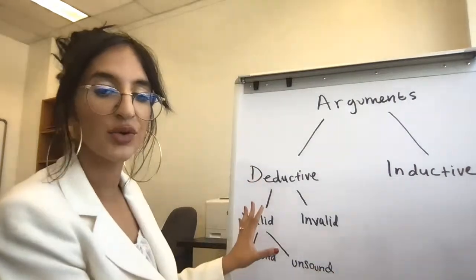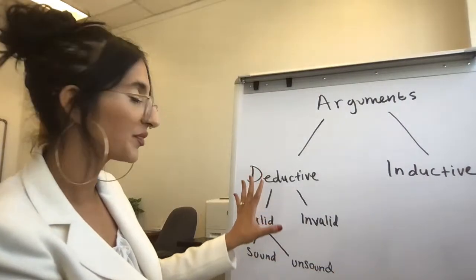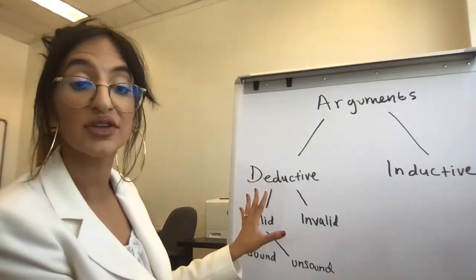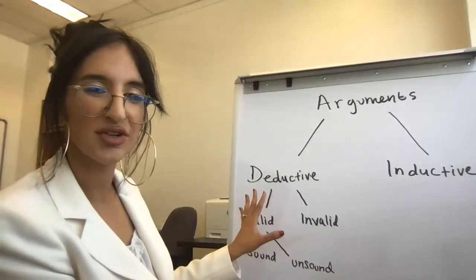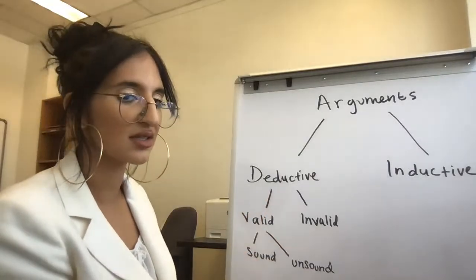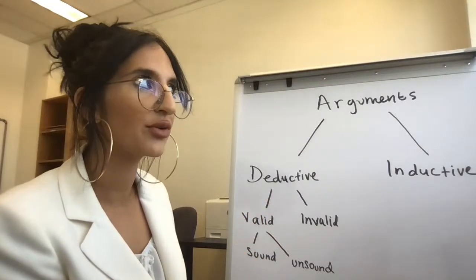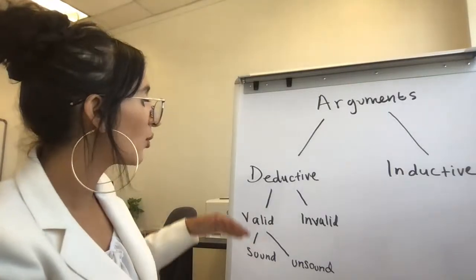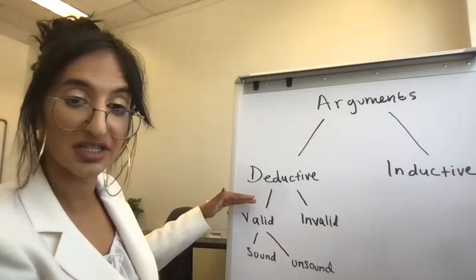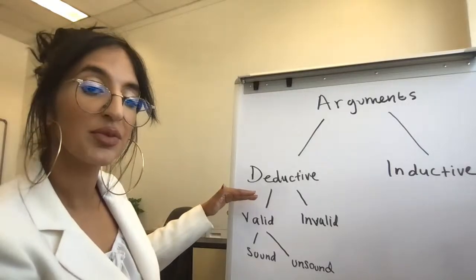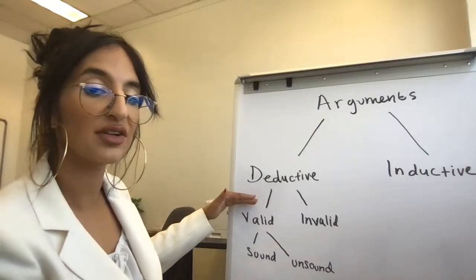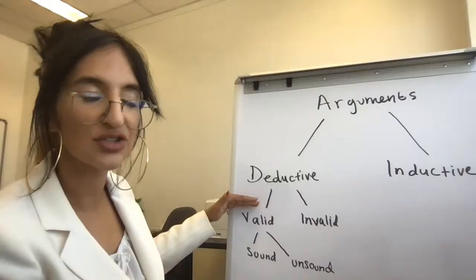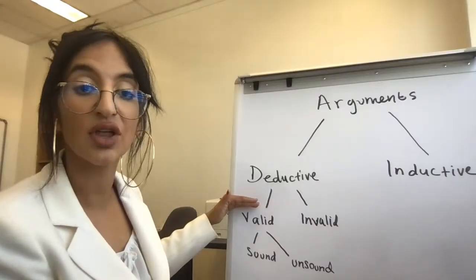We don't have to worry too much about this side, since again, this is philosophy of science. And as I mentioned earlier, science is in the business of generating inductive arguments for the most part. Now, where do we see purely deductive arguments? Purely deductive arguments are found in areas like pure mathematics, geometry, and pure logic.